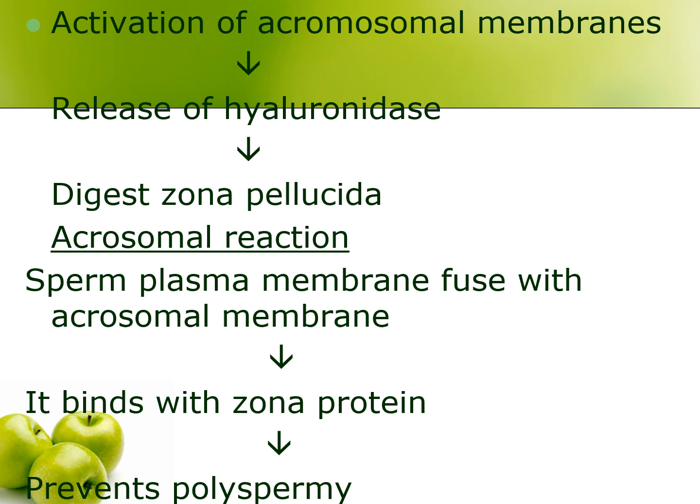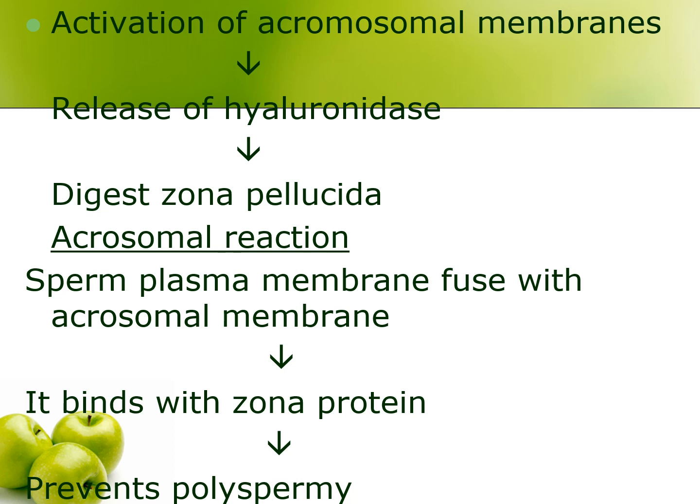The sperm plasma membrane fuses with the acrosome membrane, and it binds with the zona protein also. These three things, the sperm plasma membrane, the acrosomal membrane, and the zona protein, bind together and form a thorough covering around the fertilized ovum, and it prevents polyspermy.